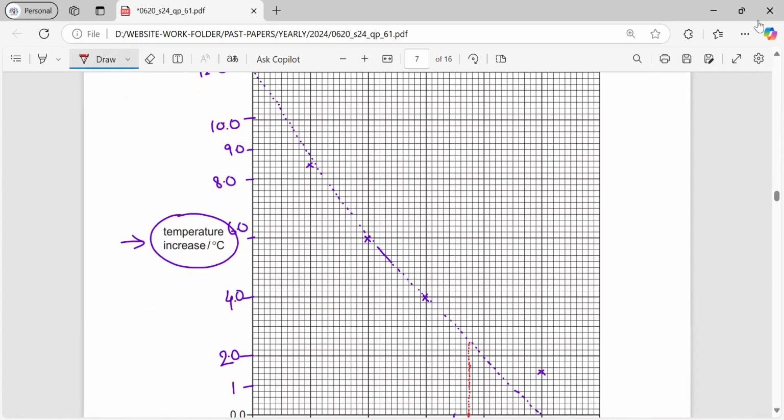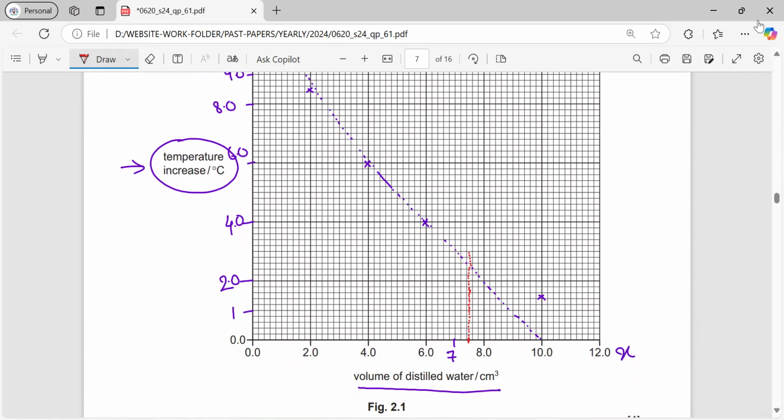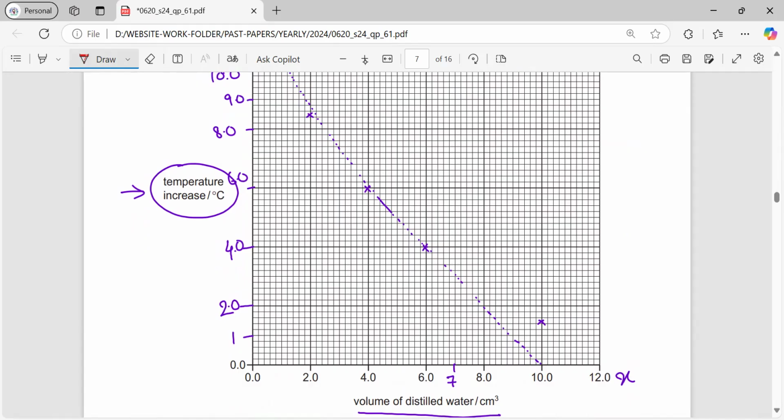So for the second experiment, here is 7.5, here in the middle.